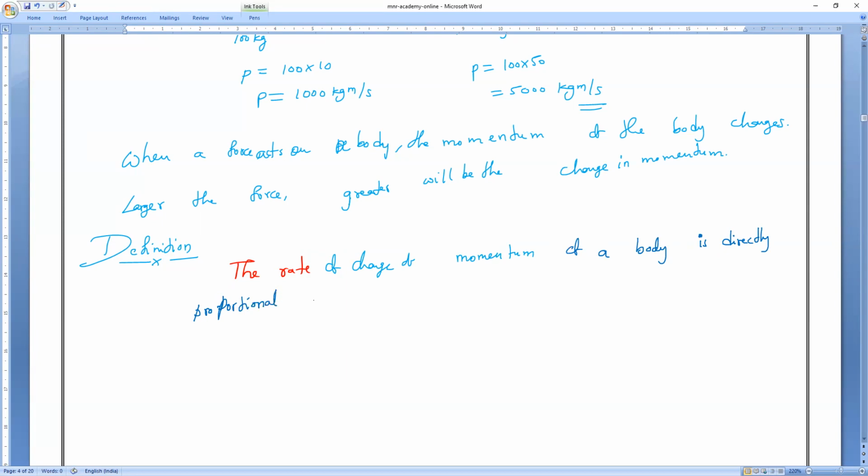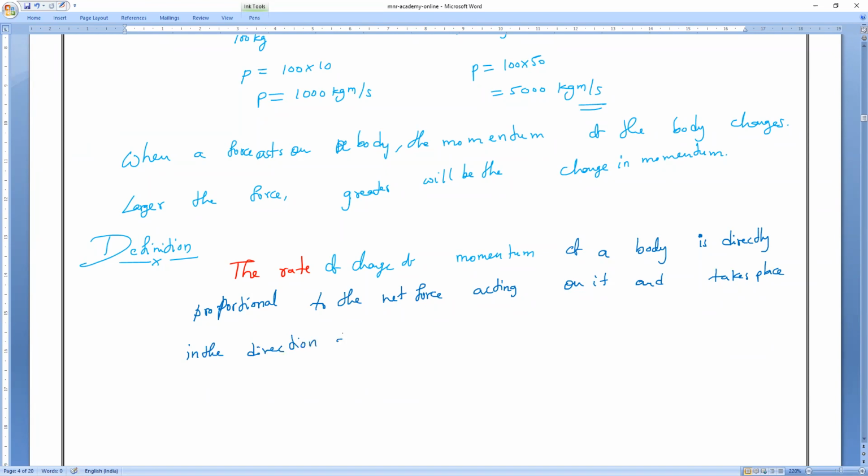Proportional to force. Am I right or wrong? Yes, sir. The net force acting on it, and takes place in the direction of the net force.